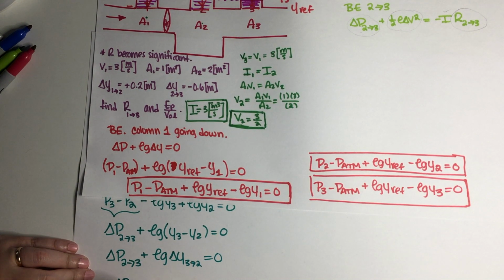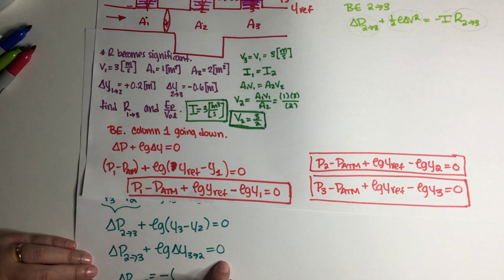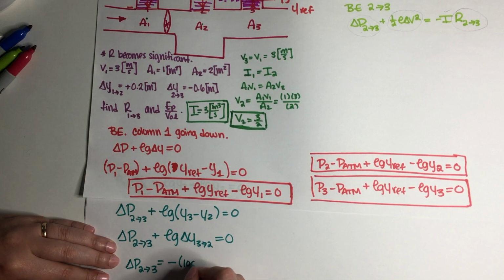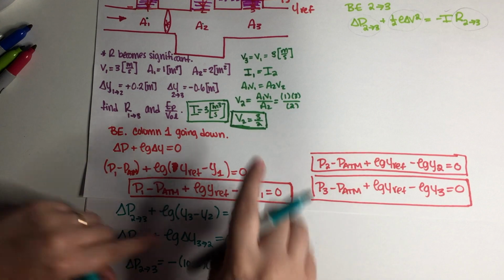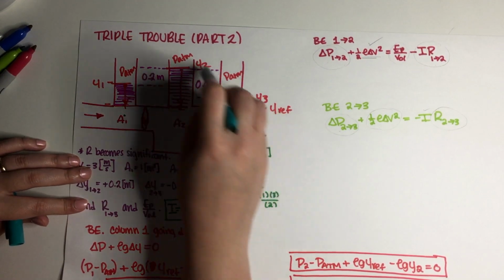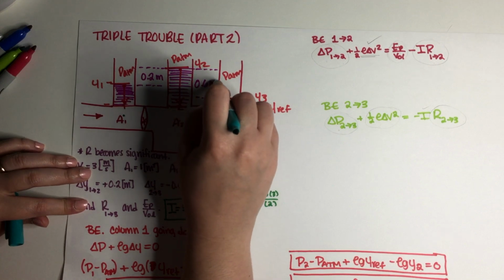So delta P from 2 to 3 is equal to negative, because I'm sending it to the other side of the equation, 1000 because this is water, 10, and then delta y from 3 to 2 is equal to 0.6 meters.